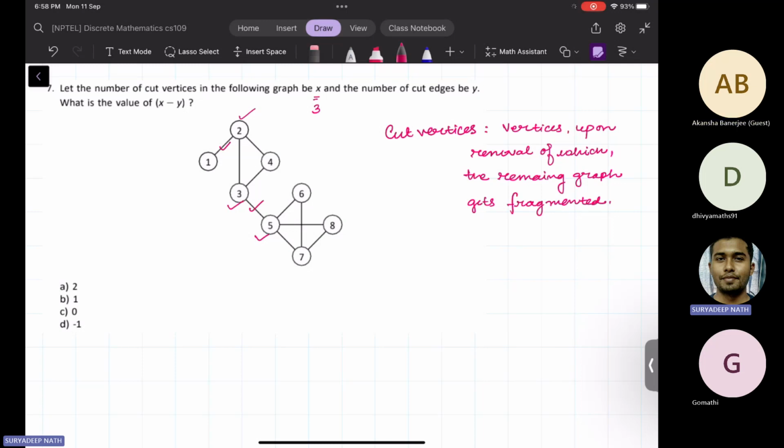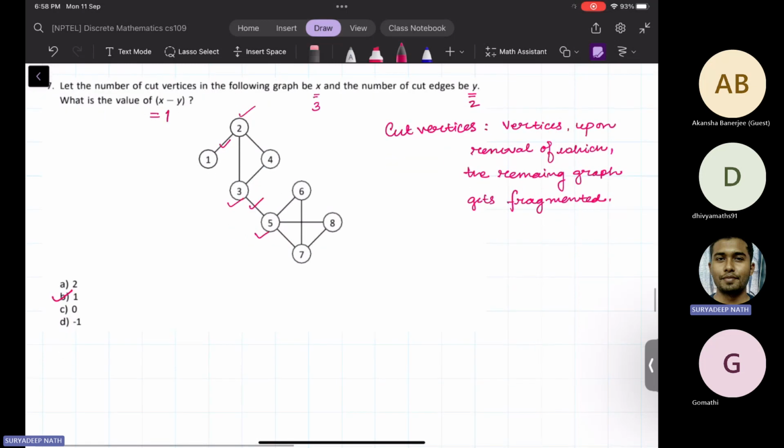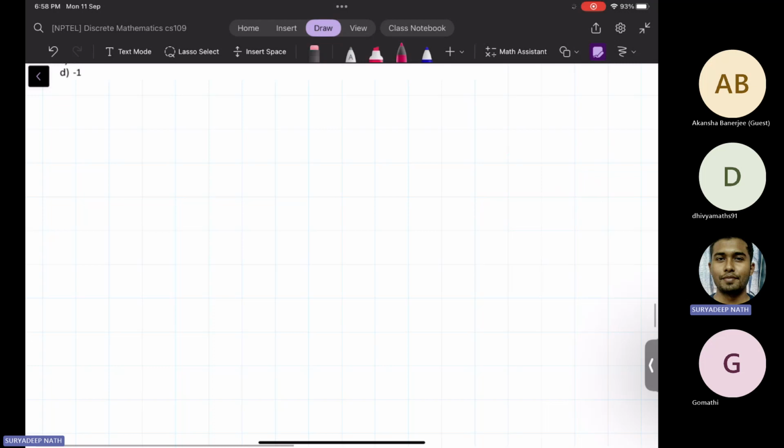Between 5 and 6, no. 6 and 7, no. 5 and 8, no. 5 and 7, no, and 7 and 8, no. So we have only two cut edges. So x minus y is basically 1. The right answer is option B, 1. I hope that is clear. It's pretty straightforward.